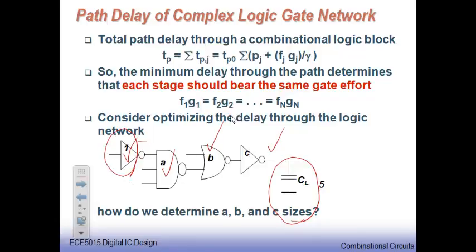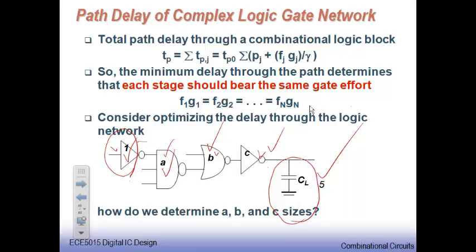How much is it? Now how do you go for sizing all this? Now my aim is to drive a load capacitance of 5 farad, and I have one here. How do I size this? The sizes A, B, C we have taken. We have to find out the values of A, B and C.